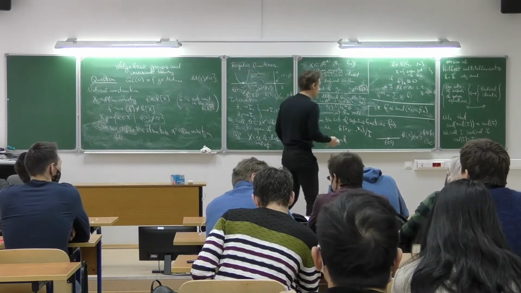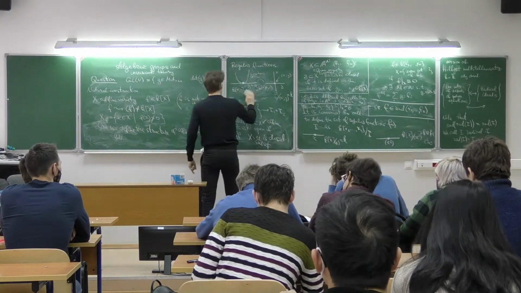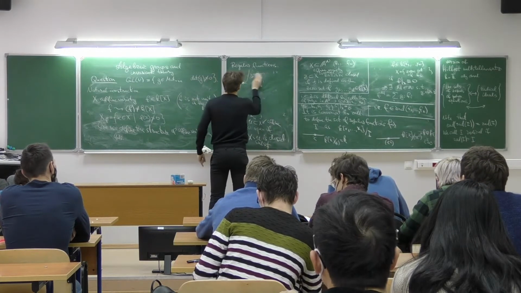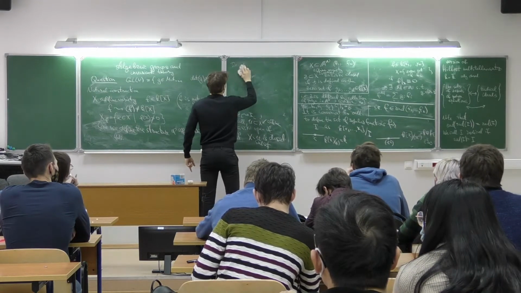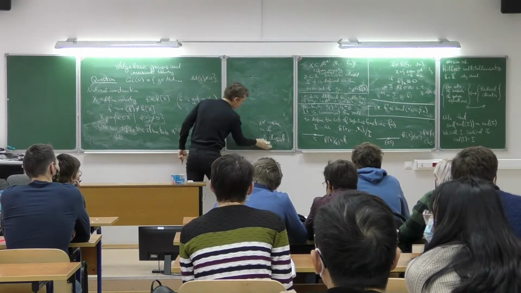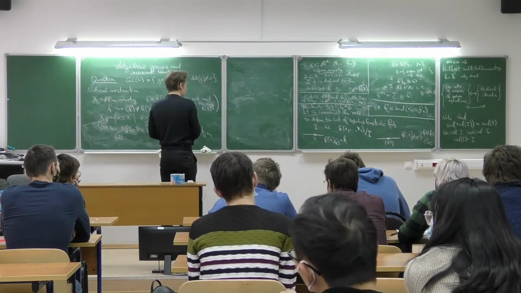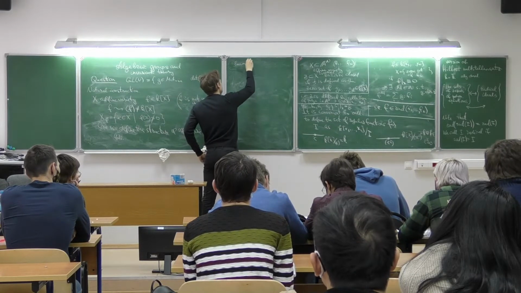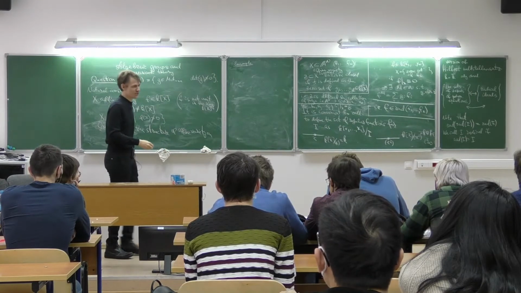But what I wanted to say is that we can supply this set of points with the structure of an affine variety. And here I want to make an easy example. It is one of the basic counterexamples in algebraic geometry.